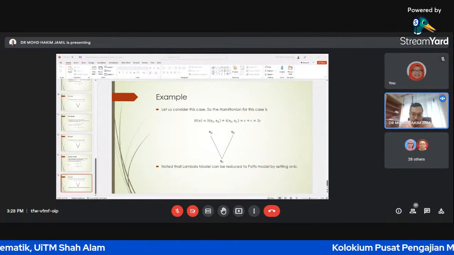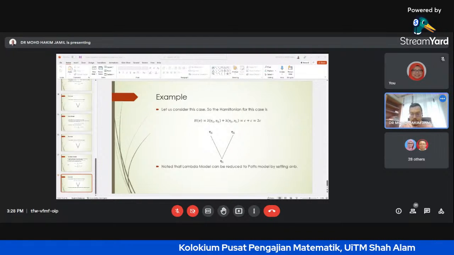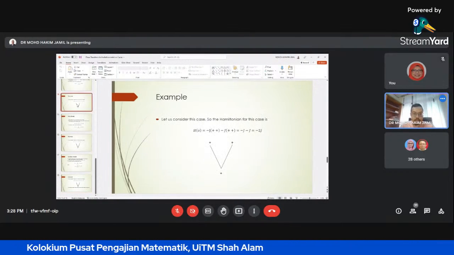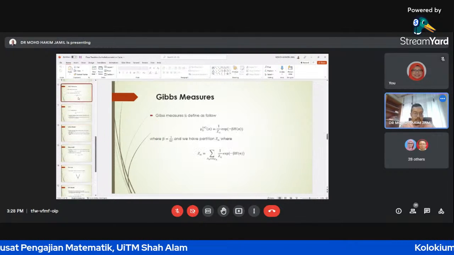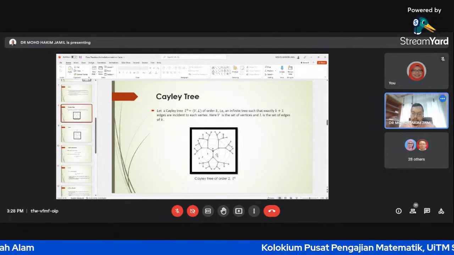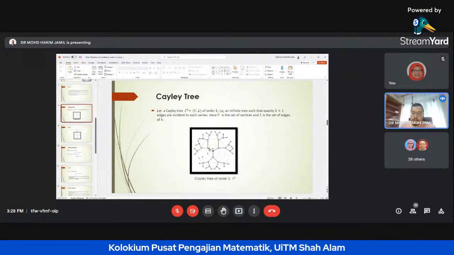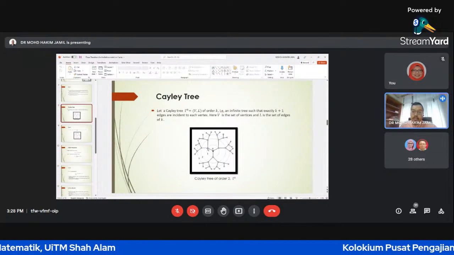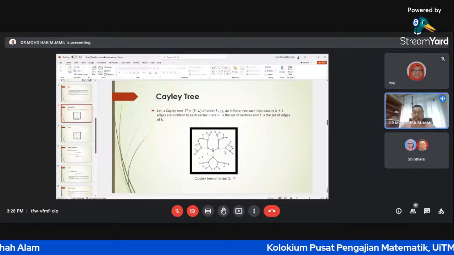For example, for the Ising model, before this I explained the interaction between this one and this one. We call this a nearest neighbor between the vertices.